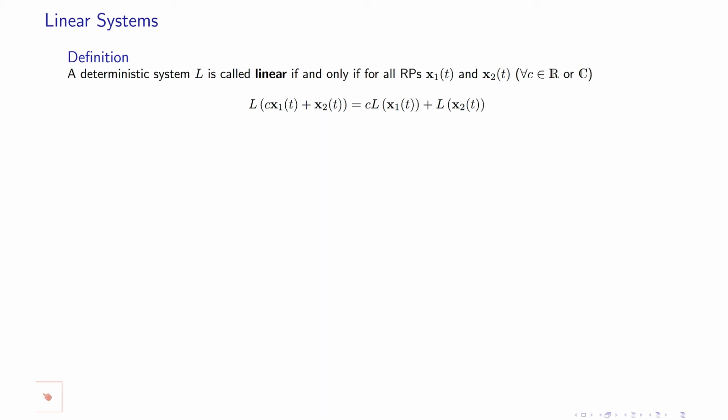A linear system L, for any input x of t, gives you an output y of t, and then you may have different relationships.